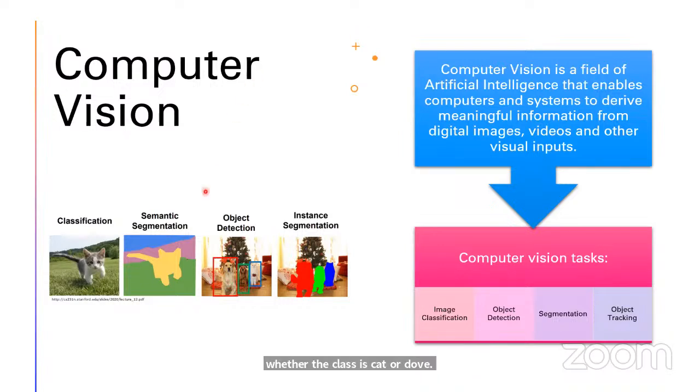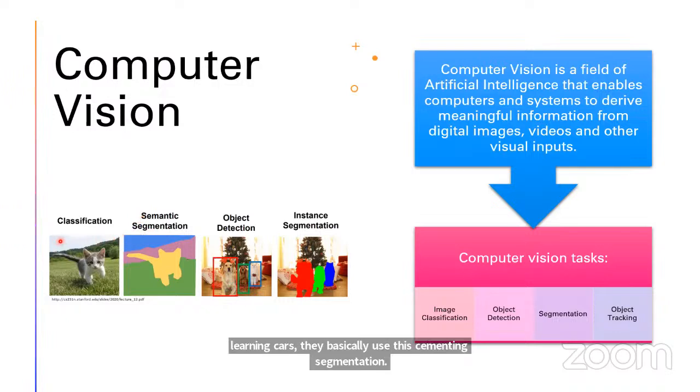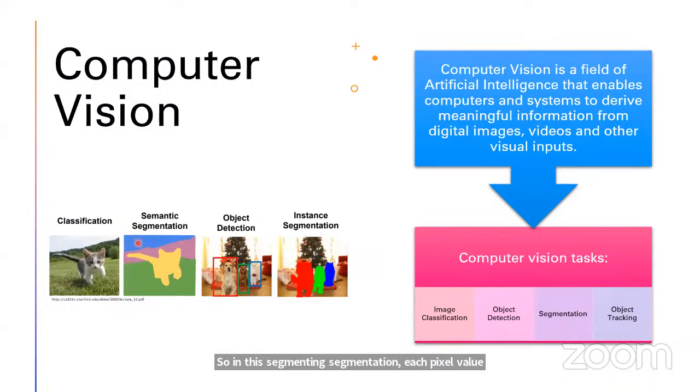Now next comes semantic segmentation, one of the techniques used in self-driving cars. Tesla, or whichever company is making self-driving cars, basically uses semantic segmentation. In semantic segmentation, each pixel is assigned a class. For example, if you see here, this blue one is sky.